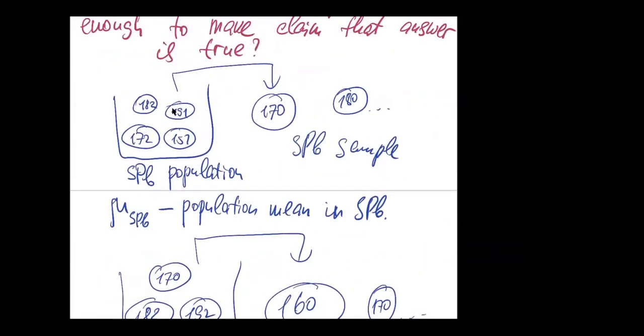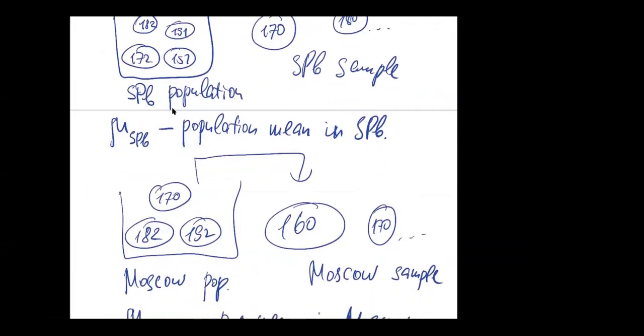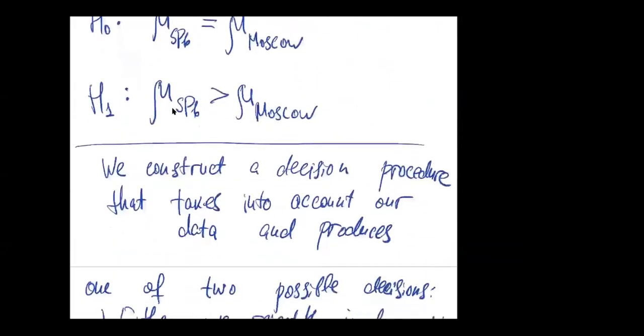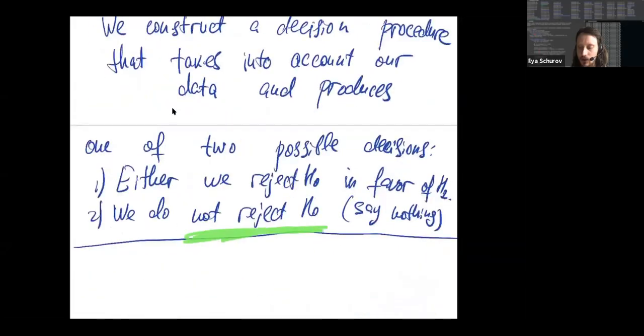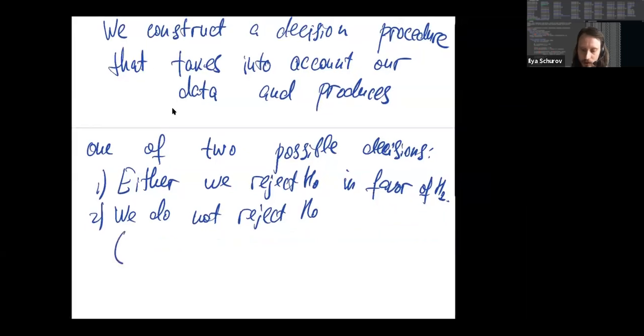Maybe I have a small question. Maybe it's not small because it's quite principal. You say that we say nothing when we do not reject the null hypothesis. Yes, basically, more or less, we say nothing. We say that we don't have enough data to see the difference. Probably it is a bit better statement.